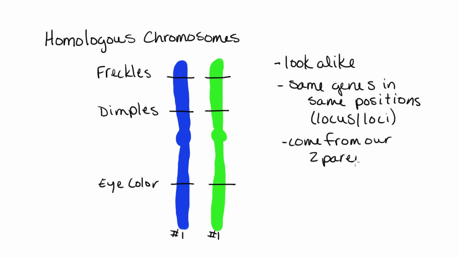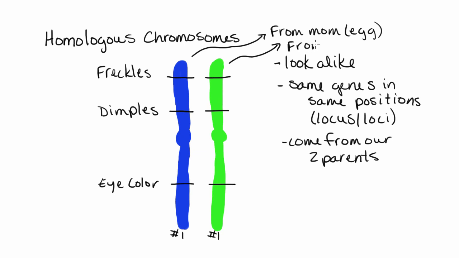One's from mom, one's from dad. If we indicate that up here, this one might be from mom, and we got that basically in the form of the egg that contributed to us. And this one right here is going to be from dad. And that, of course, came in the sperm.